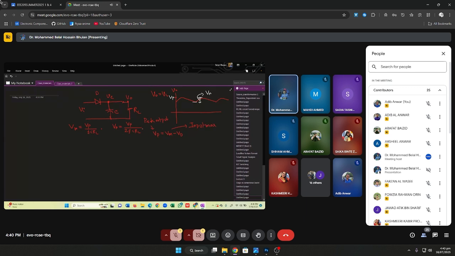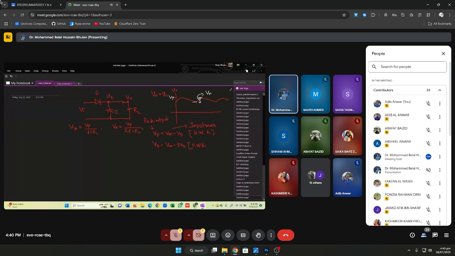So in case of a half wave rectifier, VP is Vm minus Vd. In case of a full wave bridge rectifier, VP is Vm minus 2Vd.